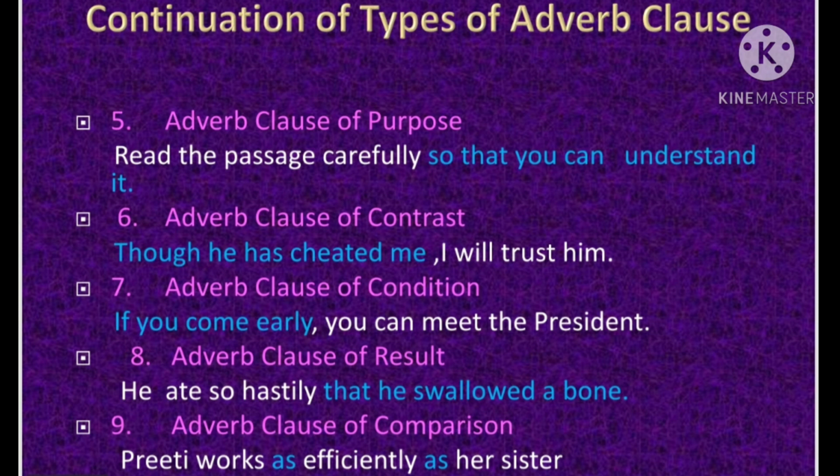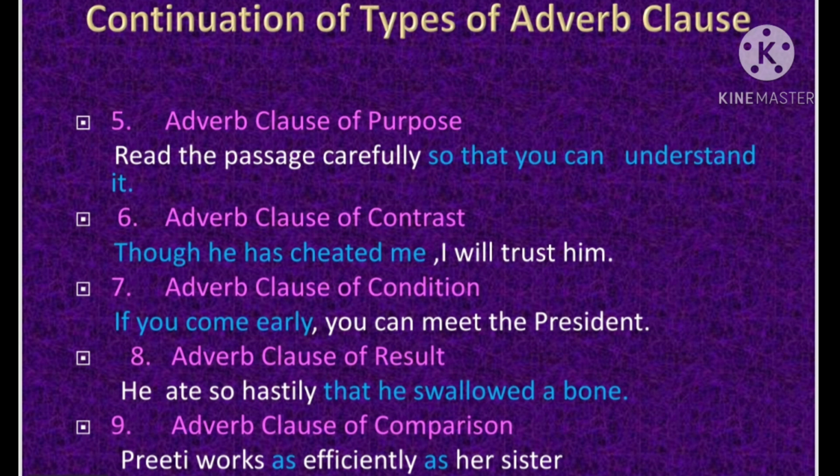If you come early, you can meet the president. You can meet the president, main clause. If you come early, subordinate adverb clause of condition. If is the subordinator, and this subordinate adverb clause of condition is modifying the verb can meet in the main clause.